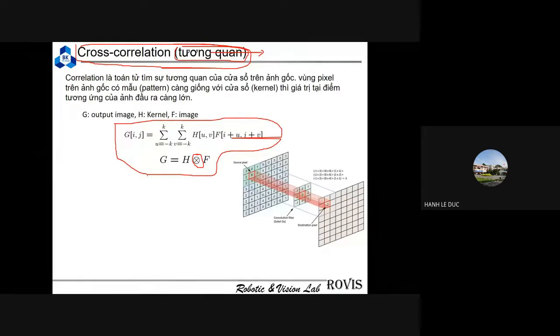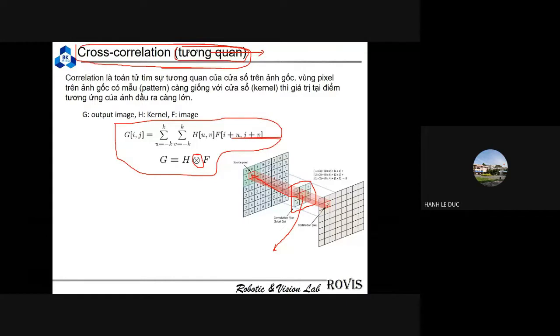Okay, this is the symbol of cross correlation. Example here. You can see when you have the kernel, the filter, and you apply it here, then you have the result here. The anchor point is here, right? This is the anchor point.